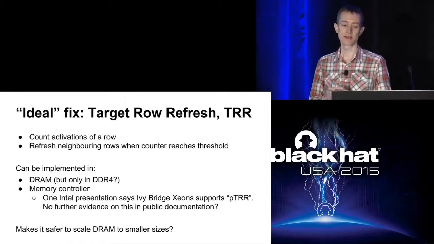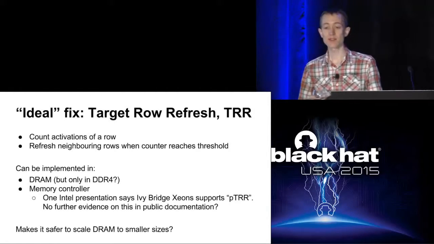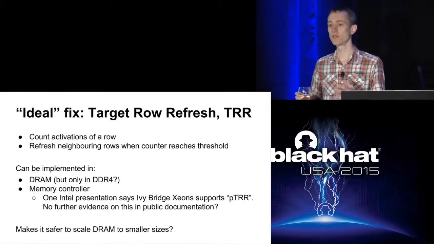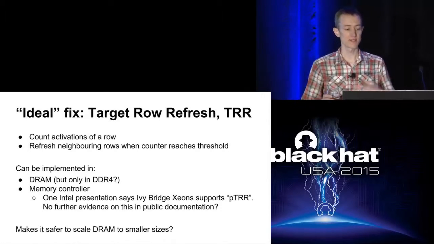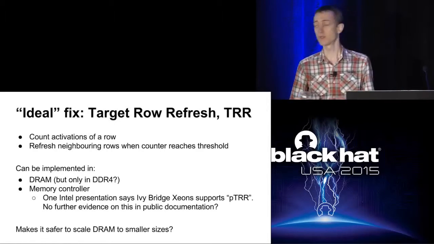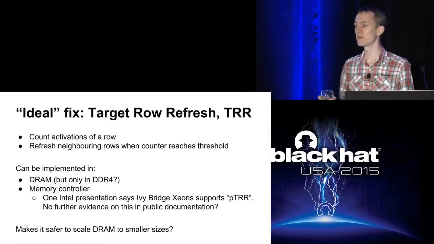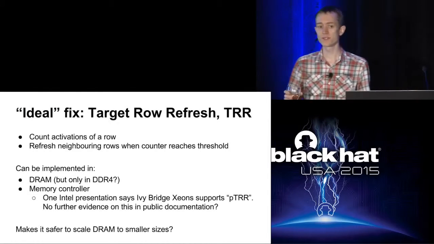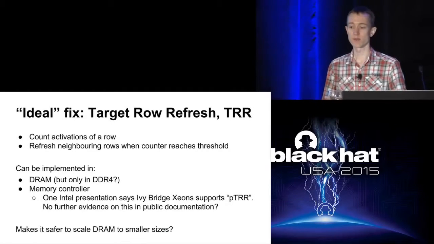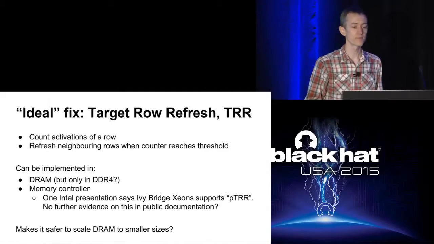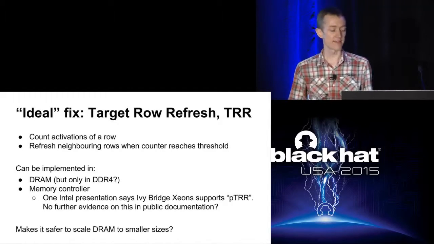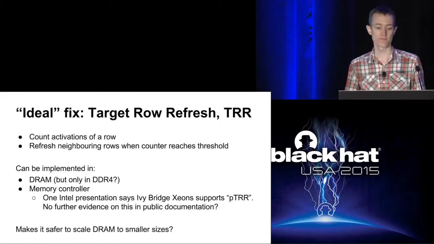The idea behind target row refresh is to count the number of times each row is activated, and if the count for a row reaches a particular threshold, then the system would refresh the row's neighboring rows. And there's 2 levels at which you could implement that. You could implement it in the CPU's memory controller, or you could implement it in the DRAM itself. And it appears that vendors are using both approaches. One DRAM maker's datasheets indicate that they are implementing TRR in their newer DDR4 chips.